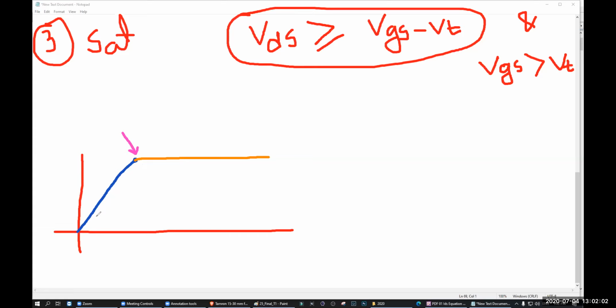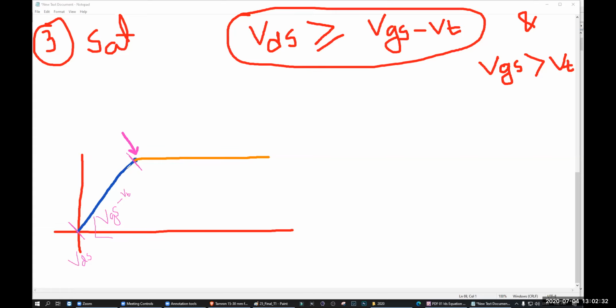This point here, your VGS minus VT was, that means it was bigger than VDS, okay? From this point to this point, your VDS was smaller.